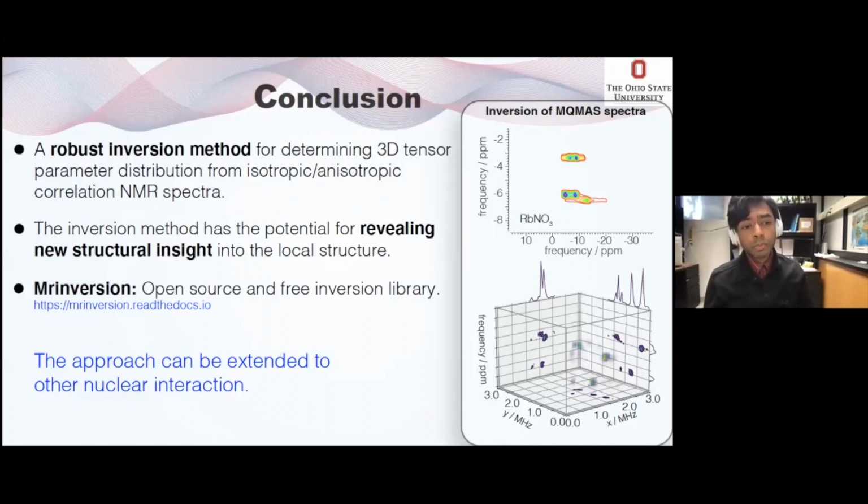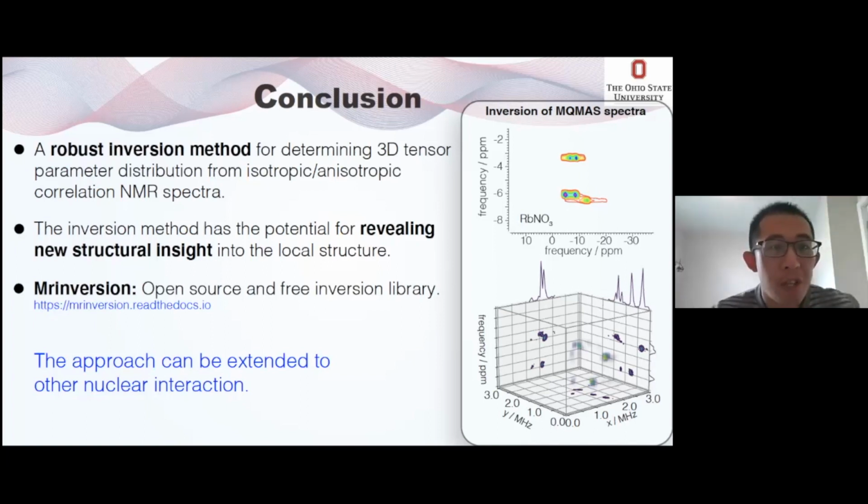What we are working on at the moment in the lab is refining these kernels so that they actually represent the conditions under which the experiment was conducted. With that correction factor, we will get rid of all these unwanted intensities, and you'll only see 3 sites in this inversion.